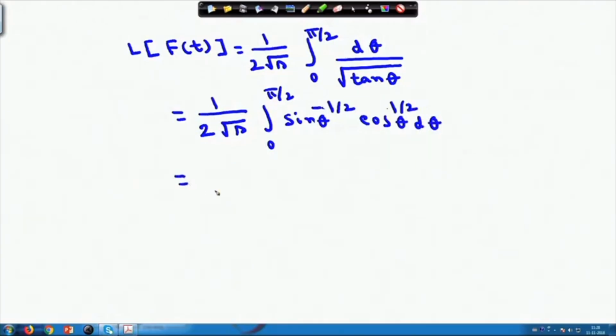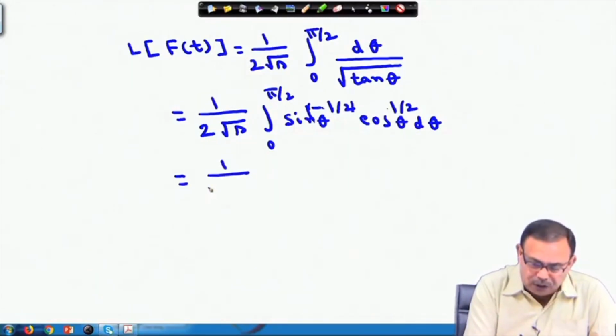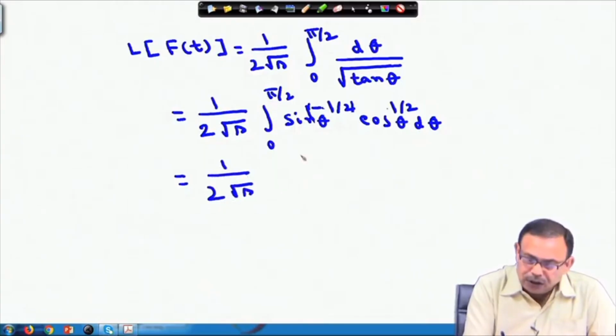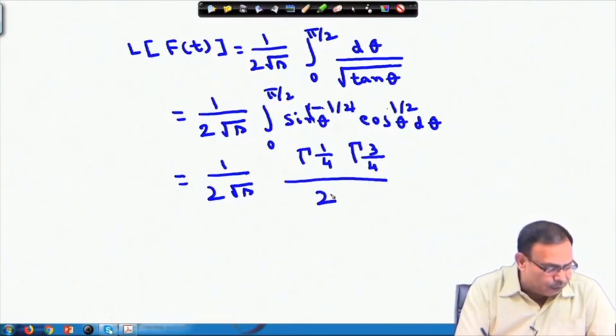And this is basically the sin theta cos theta form, and this value I can obtain easily, that is gamma 1 by 4 into gamma 3 by 4 divided by 2 gamma 1.